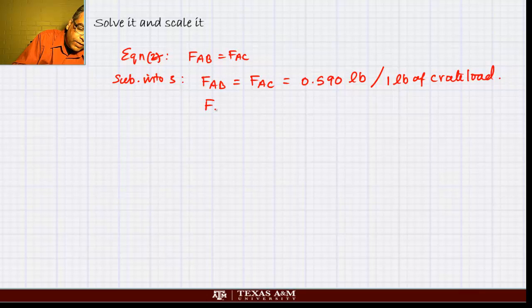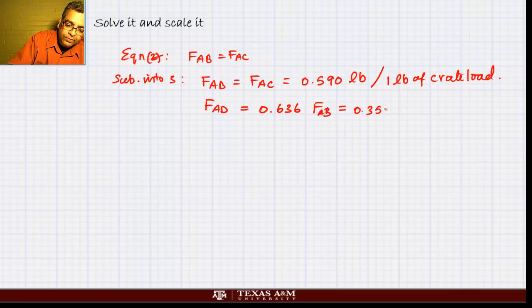And then FAD equal to 0.636 FAB, which turns out to be 0.375 pounds per pound of crate load.